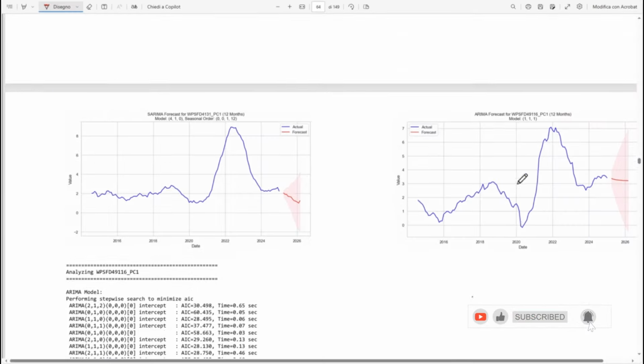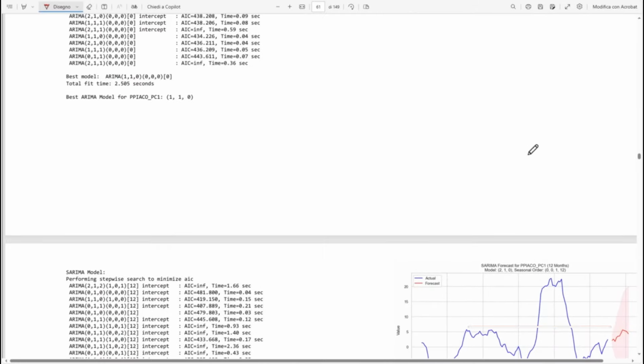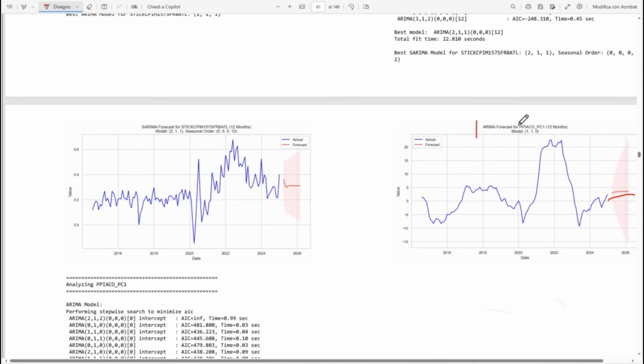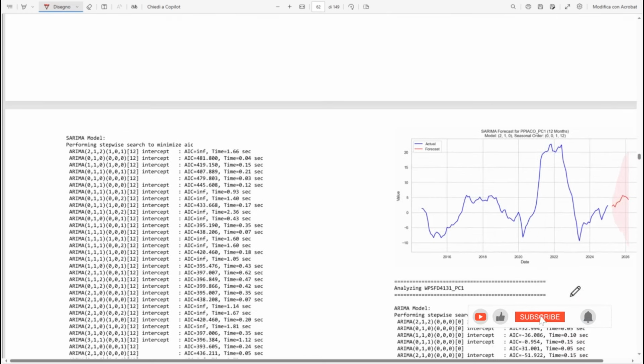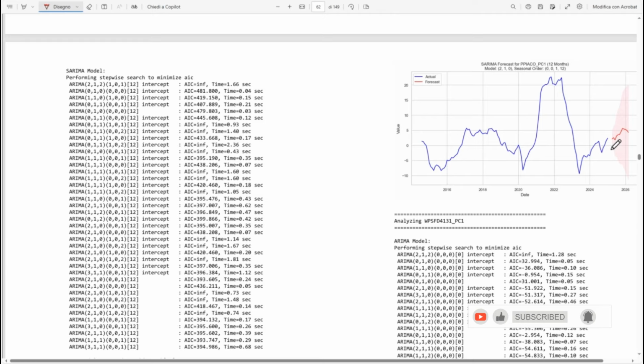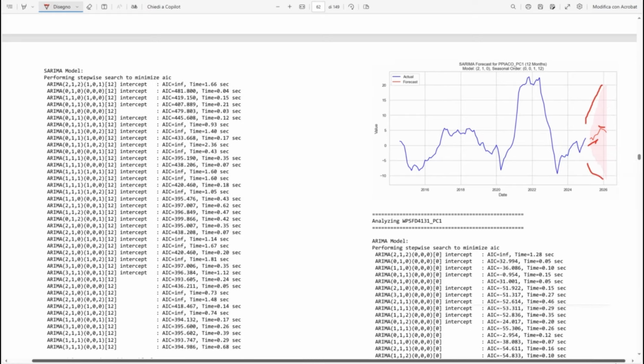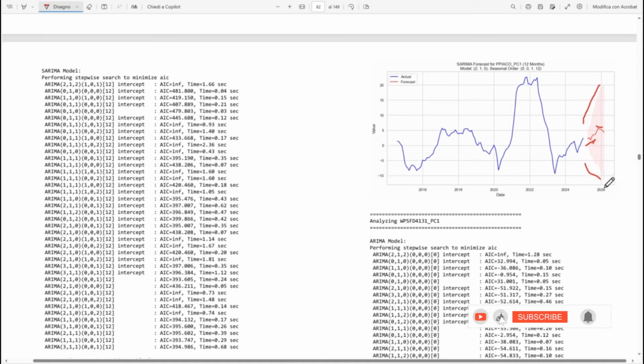We were at the producer price index of commodities. It should be trending around 4%, and the seasonal ARIMA model tells me that in the long run, in 12 months, the producer price index for all commodities will creep up to 5%. Bear in mind that this shaded area is huge, going from -10 to +20, so the model is going through a lot of uncertainty.